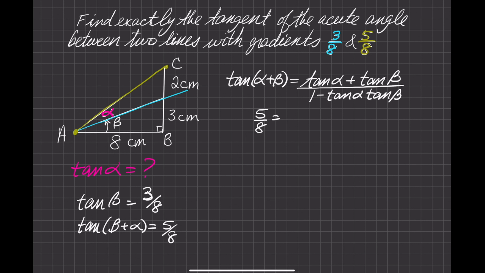And that's equal to the tangent of alpha, which we don't know, that's what the question is asking for, plus the tangent of beta, which is equal to 3/8, over the value of 1 minus the tangent of alpha times the tangent of beta, which is once again equal to 3/8. Okay, this is what we're going to work through.